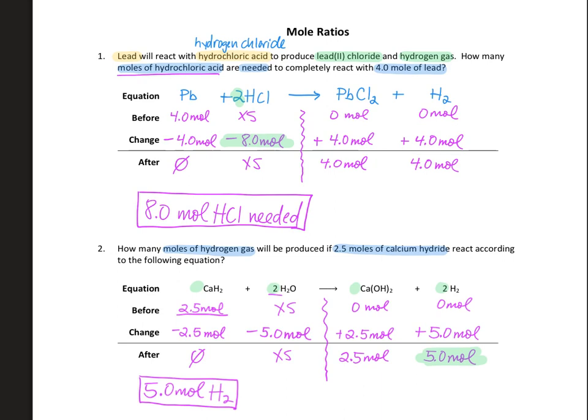I do know that I have 2 moles of C6H6 for every 15 moles of oxygen given as our ratio from the balanced equation. So we can use this to find out how many moles of C6H6 are going to be used if we use up 0.45 moles of oxygen.